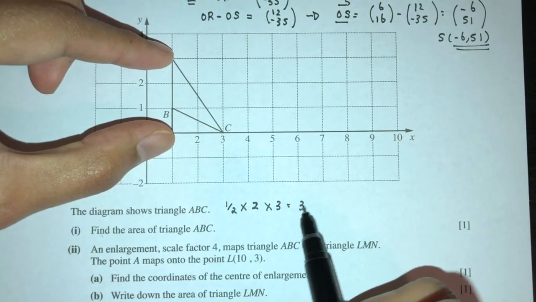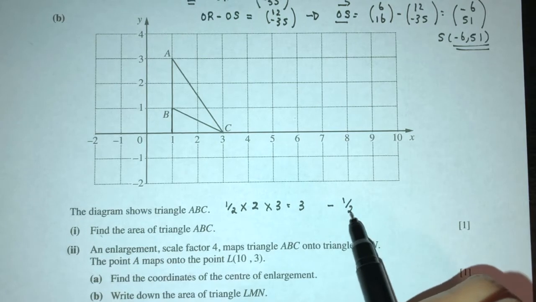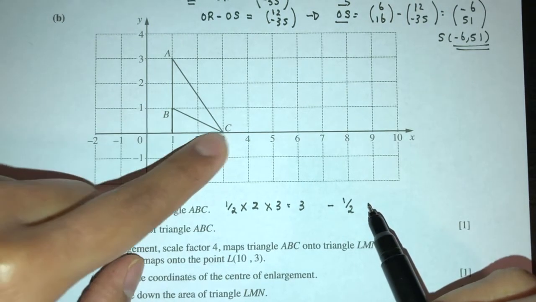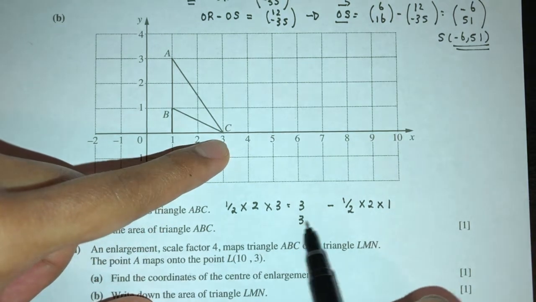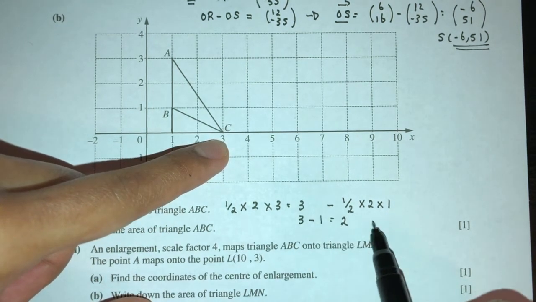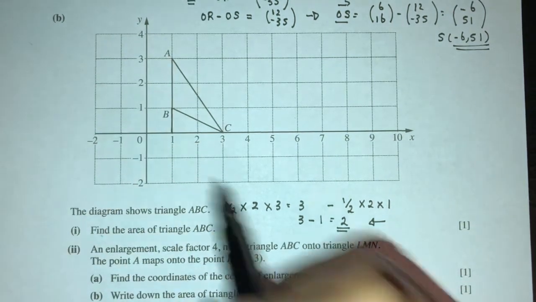That will be 3 for the big one. Now minus the small one, minus half times base 2 times height 1. So you will have 3 minus 1 is 2. So your area will be 2 for this triangle ABC.